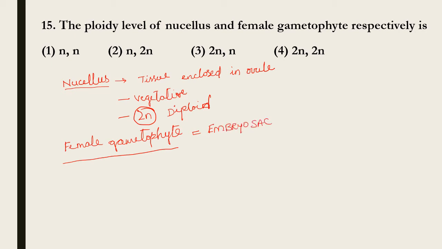The megaspore mother cell undergoes meiosis division to form four megaspores.